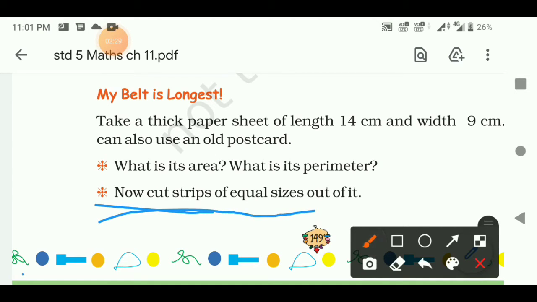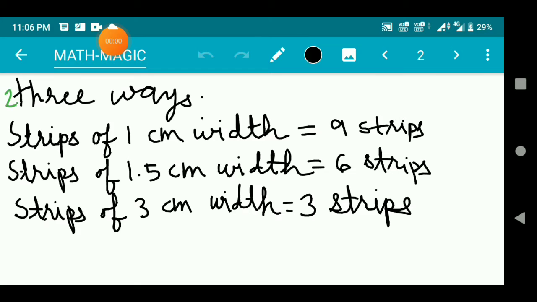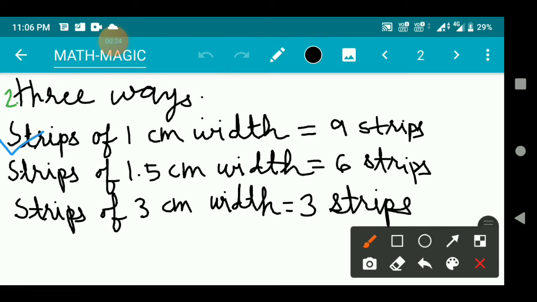Now cut strips of equal sizes out of it. We have to cut strips of equal sizes from this thick paper sheet or from the postcard. Here we can cut strips of equal size from 14 by 9 size paper in 3 ways. The width of the paper is 9 cm and here we are cutting the strips of 1 cm.